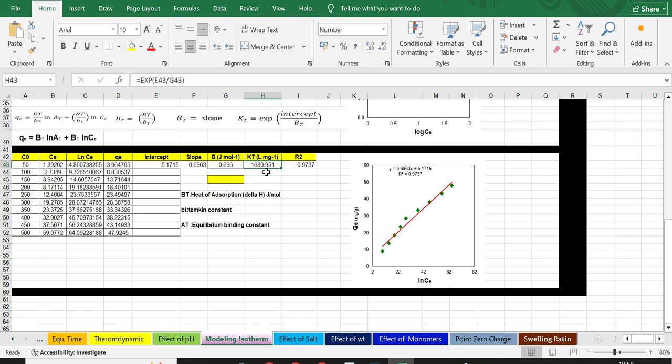Sometimes you can get values in thousands or 100, 200, like this one. But the BT value must be small, between 0 point something to 1, 2, 3, 4, like one digit value, not more than 100 or 200. So in this way you can calculate BT and KT values from slope and intercept of the graph.